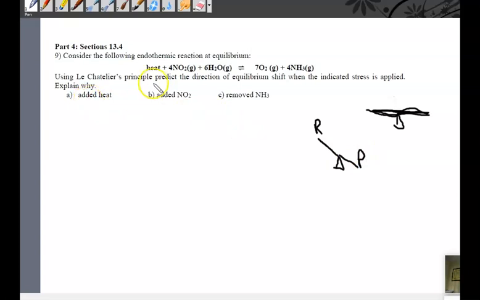So if we add heat, I'm increasing the heat here, so I'm in this kind of scenario, the reaction has to get rid of this excess heat. By doing that, the reactants have to react to start forming more of my product. So by adding heat, the equilibrium shifts towards the product side, or you can say it shifts towards the right. I don't know what the multiple choice questions will say, but as long as you understand both, it shifts towards the product side.